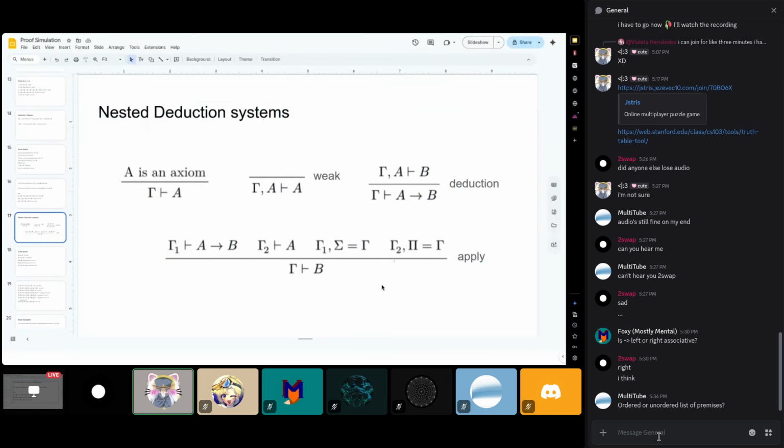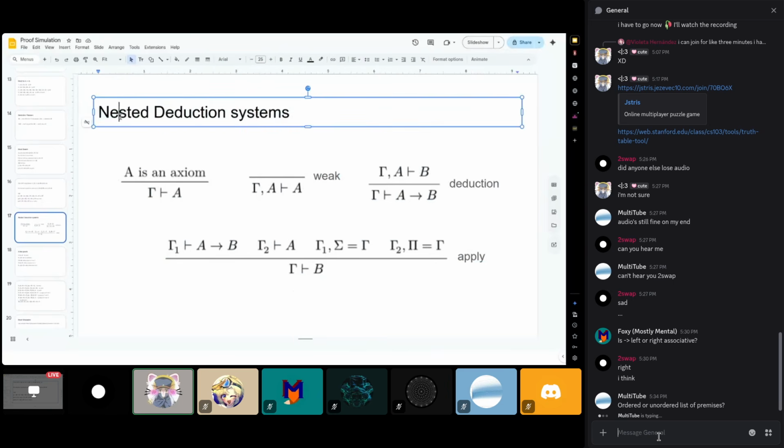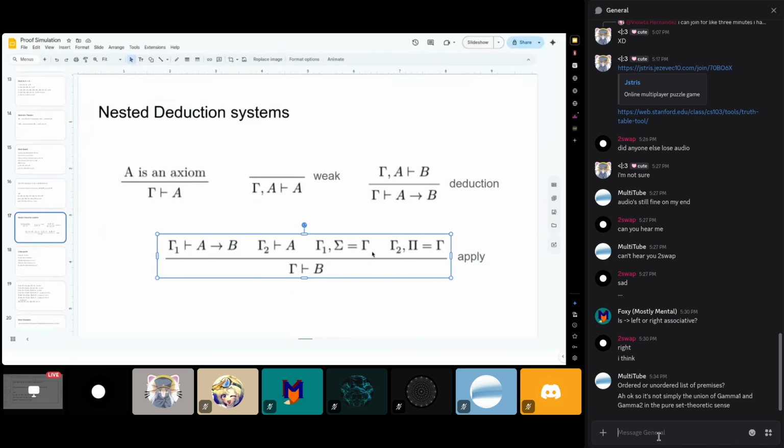So the order does matter because this is a particular kind of deduction system where you can only use the topmost assumption on the context. As MultiTube says in the chat, it's not simply the union of gamma 1 and gamma 2 in the pure set theoretic sense, which is what I was thinking too.